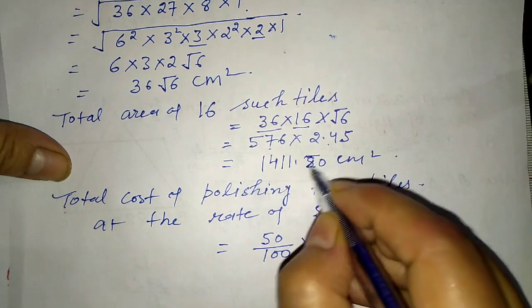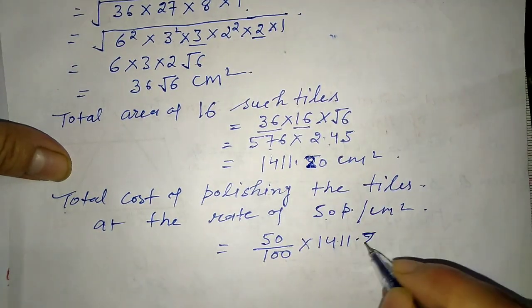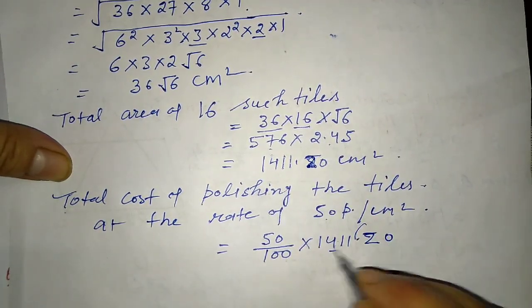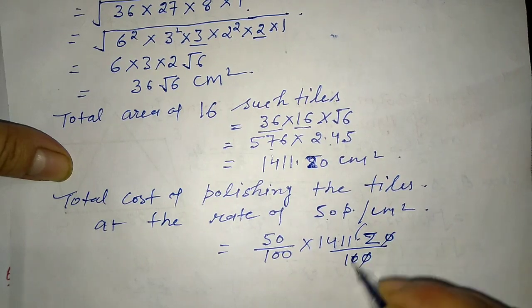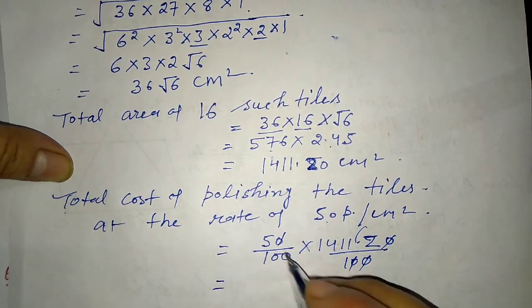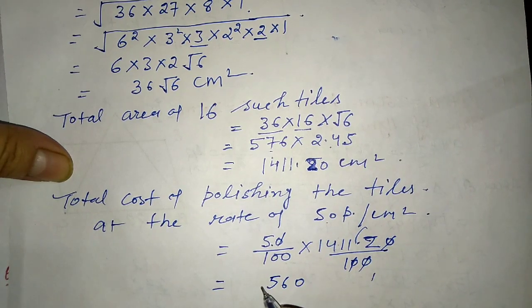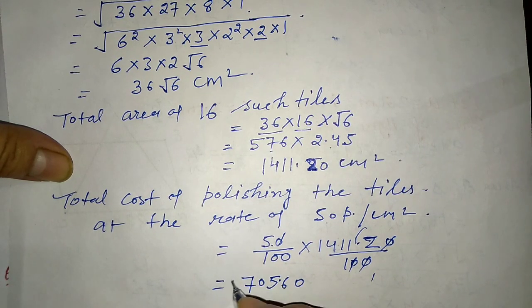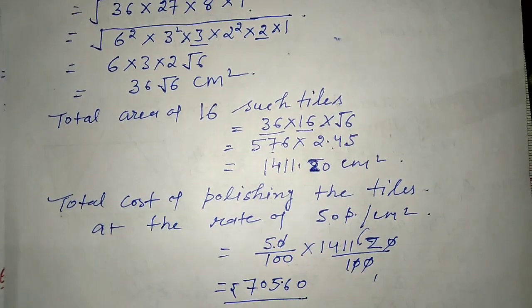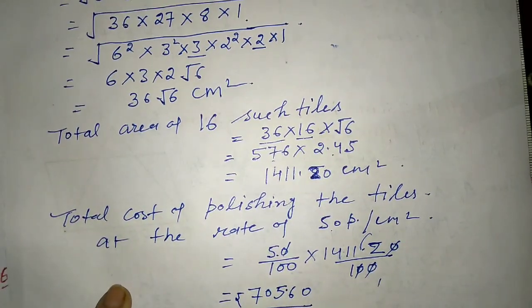This will be 20, and we can cut this. 5 twos are 10, 1 carry. 5 ones are 5, 5 fours are 20, 5 sixes are 30. So we get 705 rupees. This is the total cost of polishing the 16 tiles.